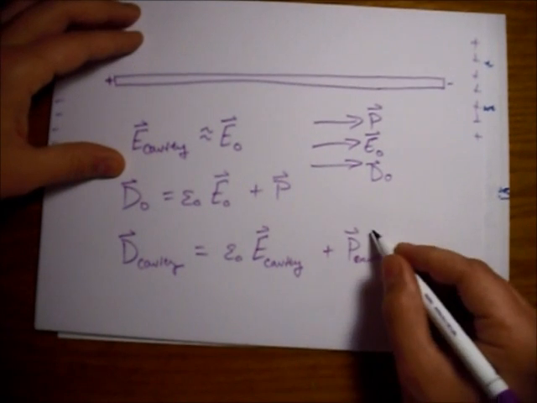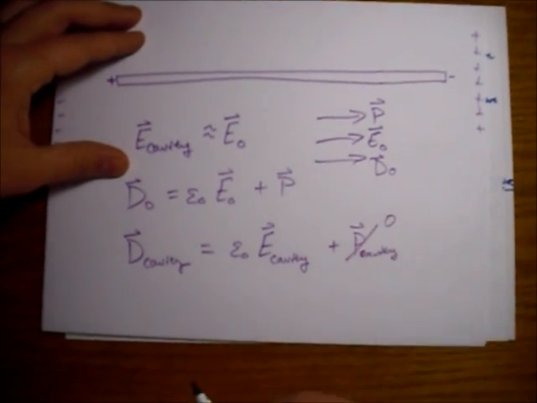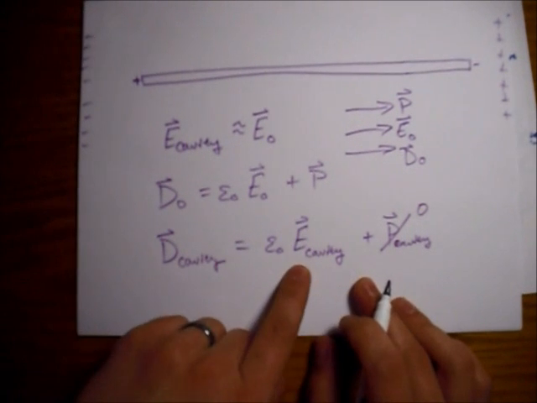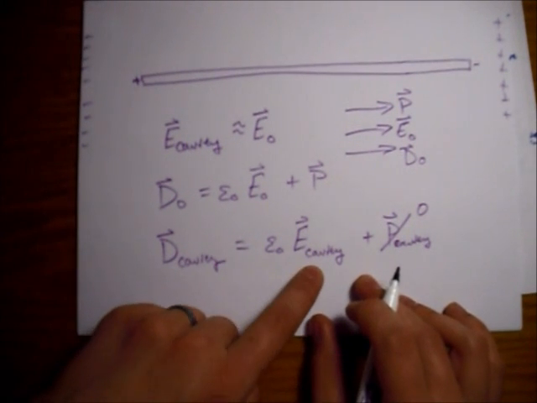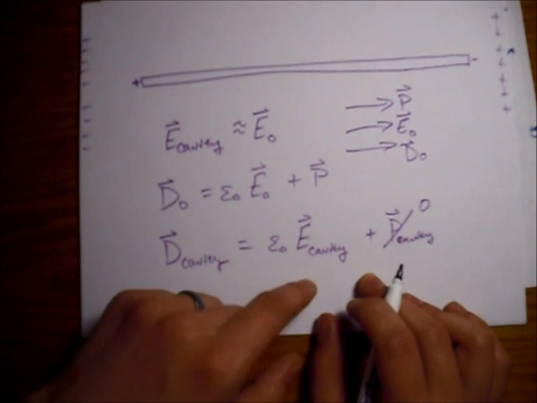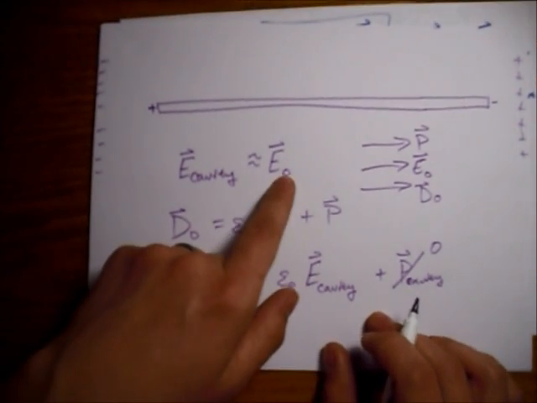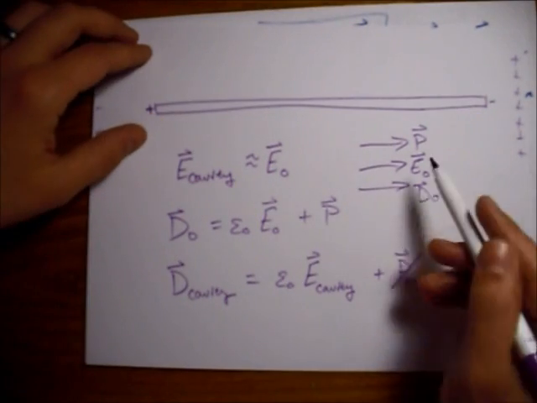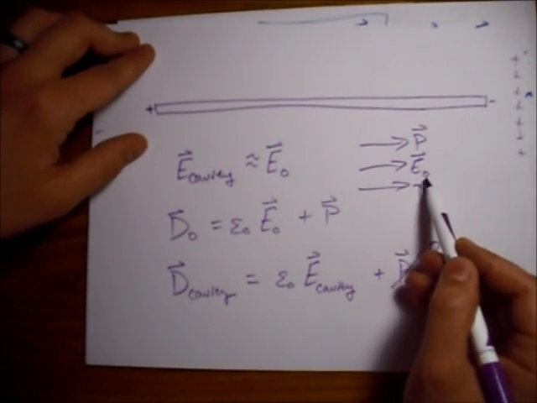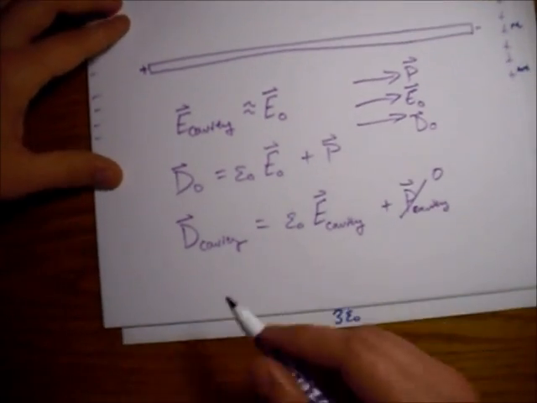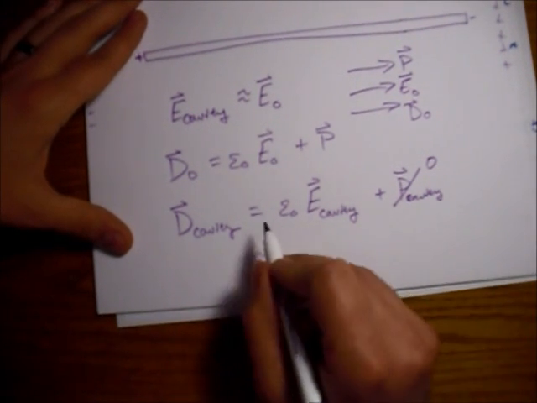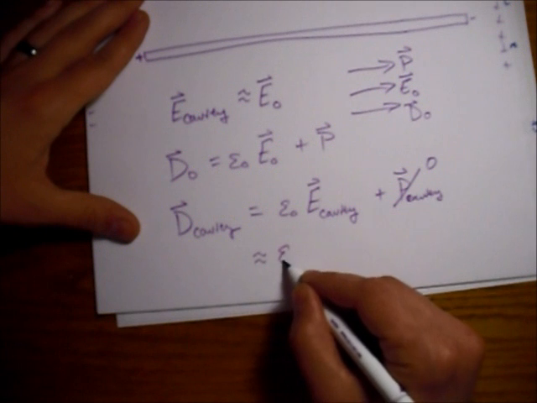But polarization inside the cavity is 0. So this is just epsilon naught times the electric field inside the cavity, which we already claimed was about equal to the field outside the cavity. I'll keep the approximately equal sign there.